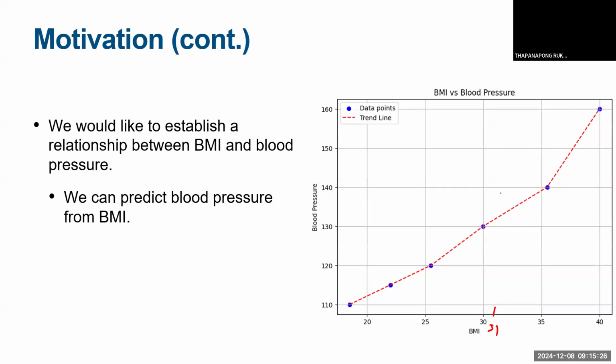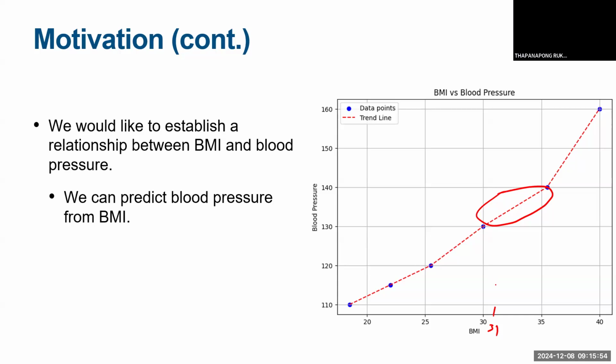It's about this way. So there are many ways that you can predict. If you have the data with 31 BMI, you must answer with that data. But if you don't have 31 in your data set, you can do something like interpolation.